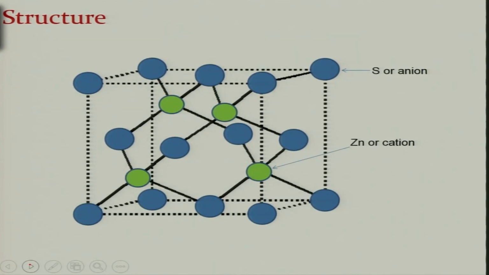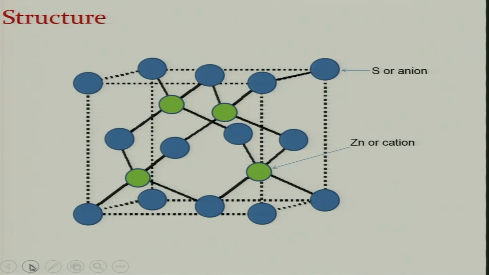So, this is the kind of structure. This is very similar to the covalent diamond structure, except that in diamond all the 8 sites, 4 FCC and 4 tetrahedral, are filled by carbon atoms. Here the 4 FCC sites are filled by sulfur atoms, and the 4 tetrahedral sites are filled by zinc atoms or any other cation. These are all tetrahedrally coordinated cations, and these are all anions which make the FCC lattice, but even anions are tetrahedrally coordinated.